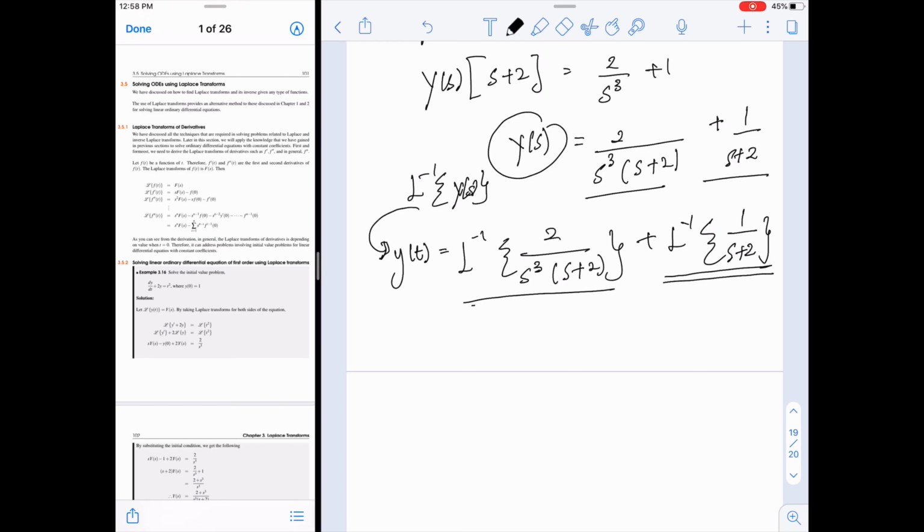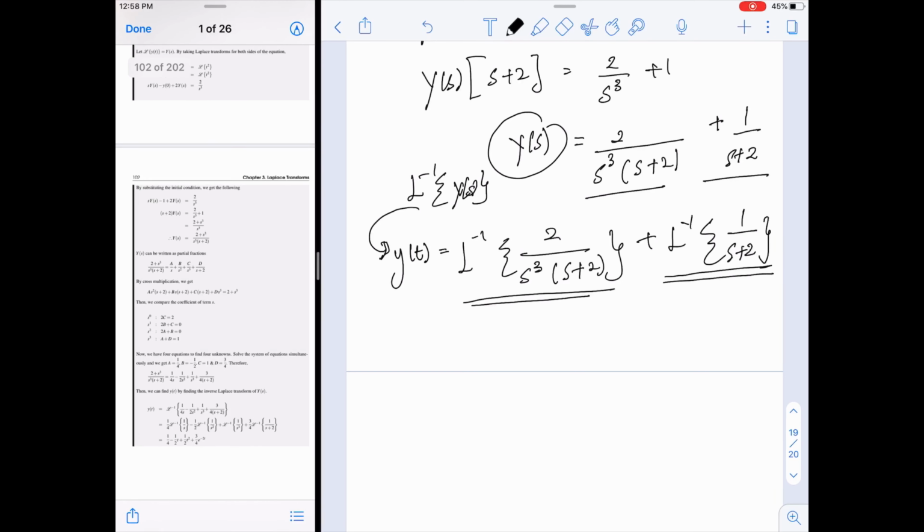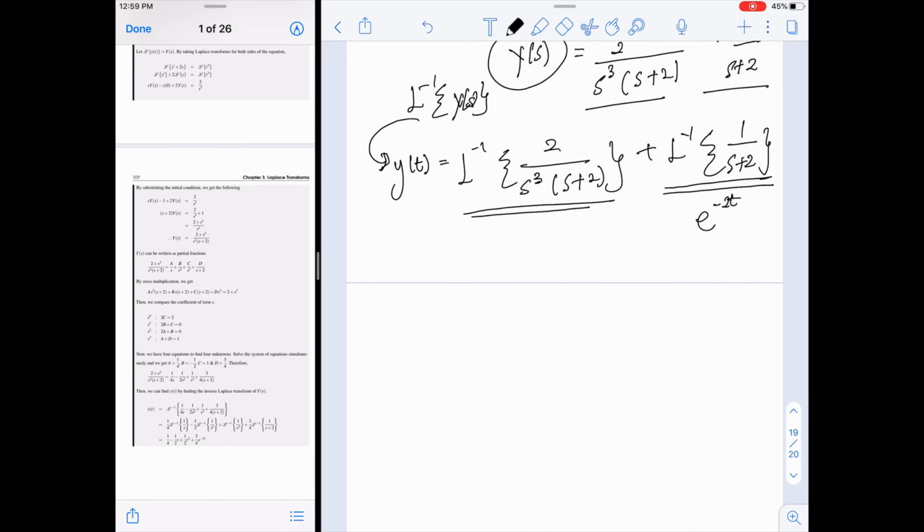However, for the first term, you have to apply the knowledge to solve it. For this one, I believe you will get e to the power of negative 2t directly. However, for this one we need to apply the partial fraction. Let me solve it separately. If you have 2 over s cubed times s plus 2 here, remember the term, is this a linear factor or not?